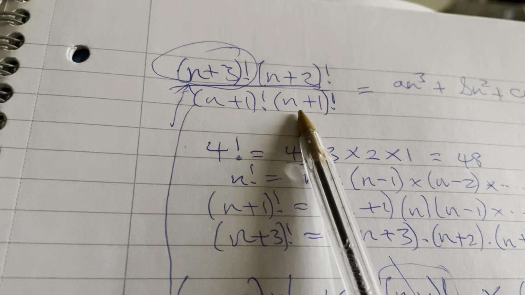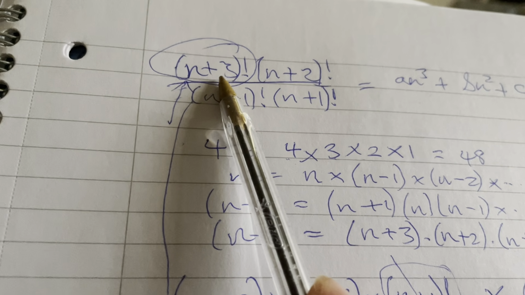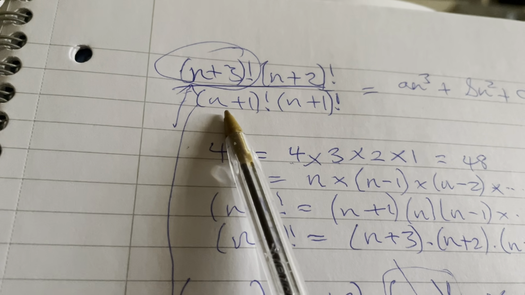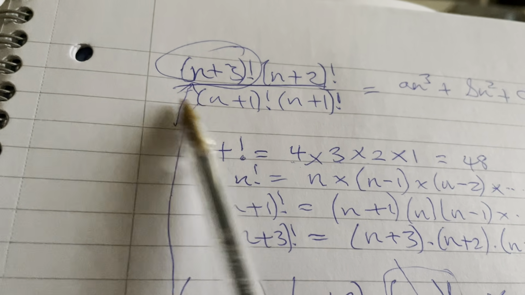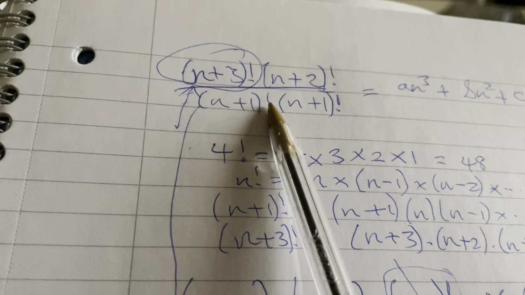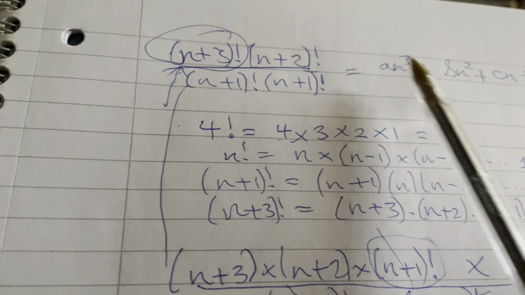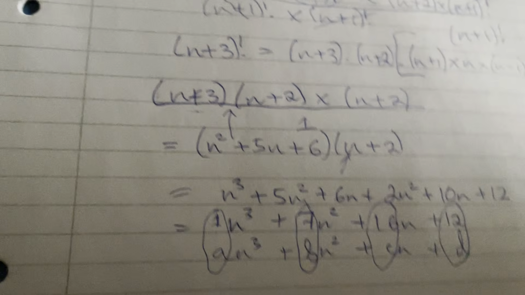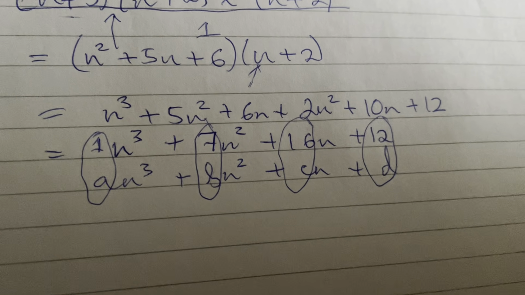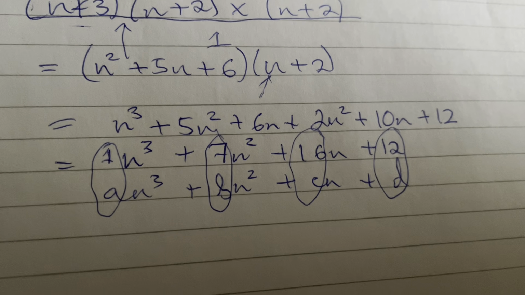So that's great first of all. And then just break down the larger factorials in terms of n plus 1 factorial and some numbers multiplied before them. That will lead to lovely cancellation, and then you will get your 3 factors which multiplied together give you the cubic. Hope that is the right answer first of all, but it's the right method anyway, so hopefully that makes sense.